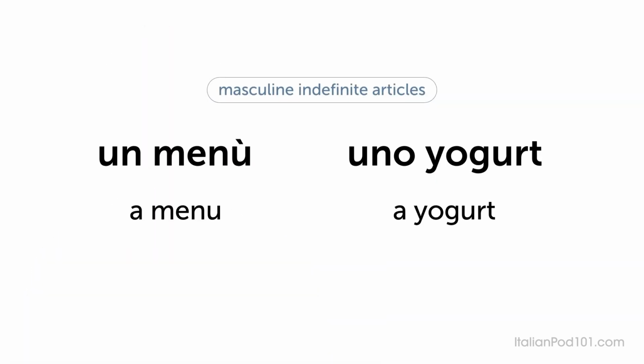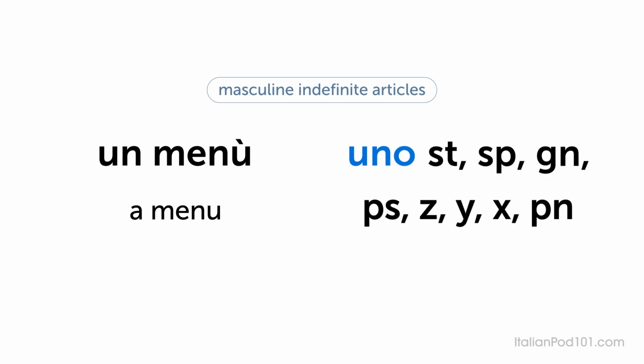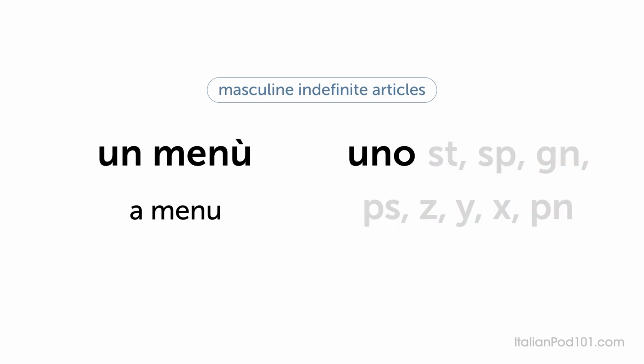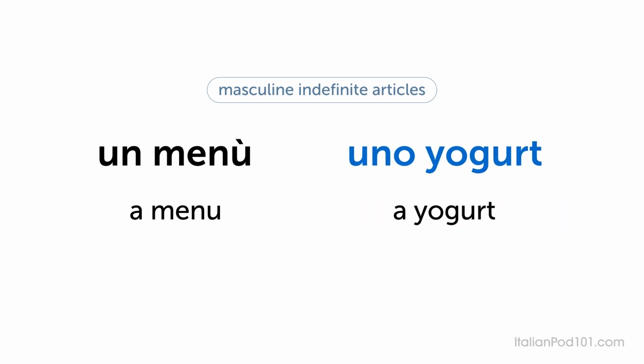The masculine indefinite articles are un, as in un menù, and uno, when the following word starts with st, sp, gn, ps, z, y, x, or pn, as in uno yogurt.